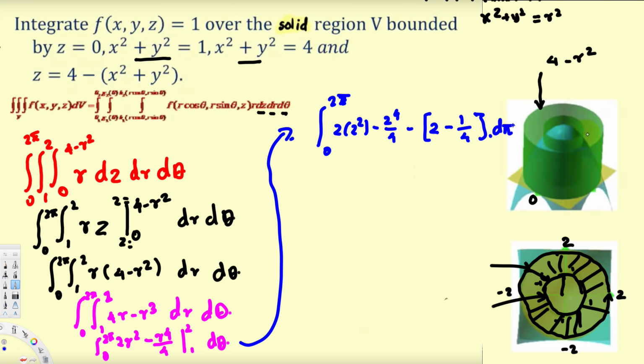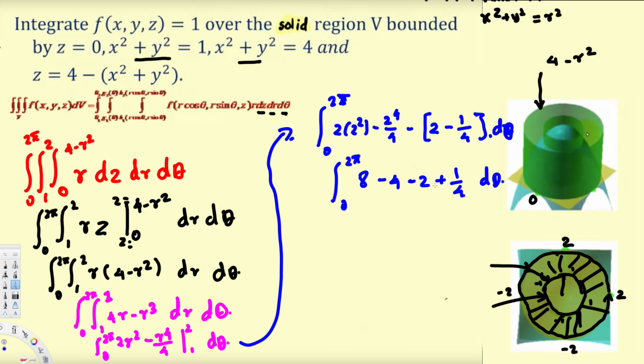Now let's simplify this one. 2 times 2 square, 2 square is equal to 4, 4 times 2 is going to be 8, and 2 power 4 is going to be 16, 16 divided by 4, that's going to be just 4. And here we have minus 2, and this is going to be minus 1 over 4, that's going to turn into plus 1 over 4. And we are going to integrate this one with respect to theta.